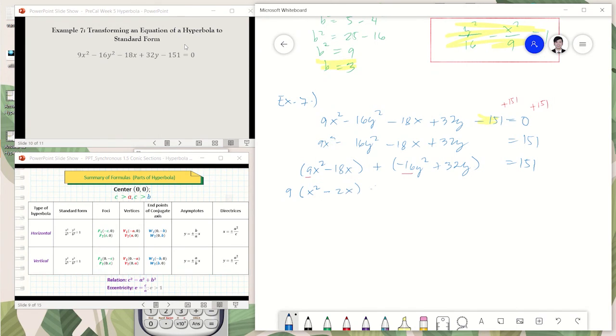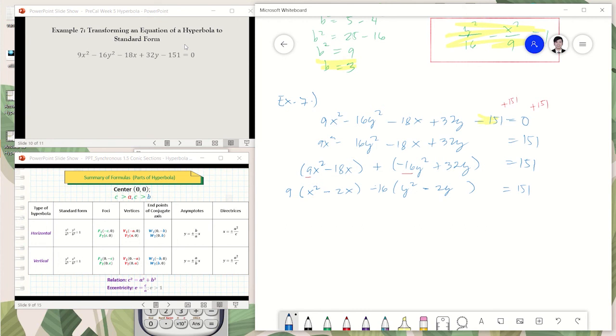So if we have to factor that out, what will be left is just y squared. And from 32, since it's a negative 16, it must be negative 2y. Why not plus? Because negative 16 times positive 2 will make it negative. And take note, originally it's positive 32y. So we have to be careful about the sign.